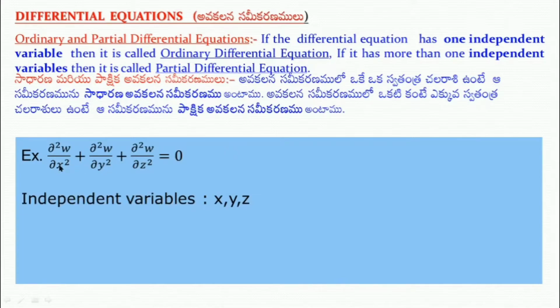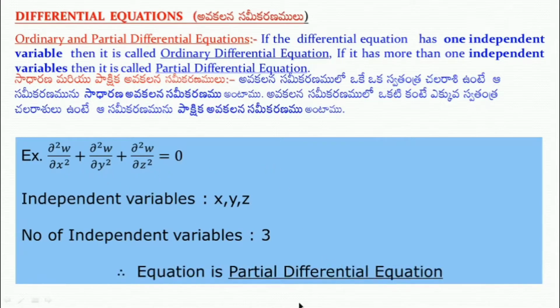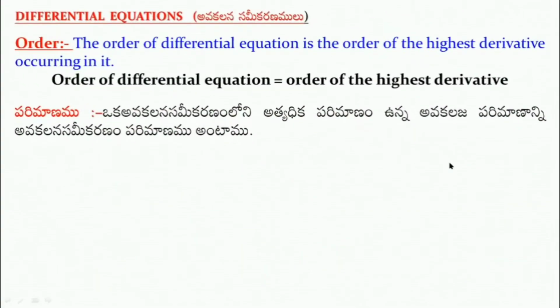This one is with respect to x, this one is with respect to y, this one is with respect to z. So we have three independent variables, x, y, z. So the number of independent variables is equal to 3. More than one, that means the equation has more than one independent variable. That's why the equation is a partial differential equation. So what is a partial differential equation? If it has more than one independent variable, it is called a partial differential equation. If it has only one independent variable, it is called an ordinary differential equation. So these are the types of differential equations.